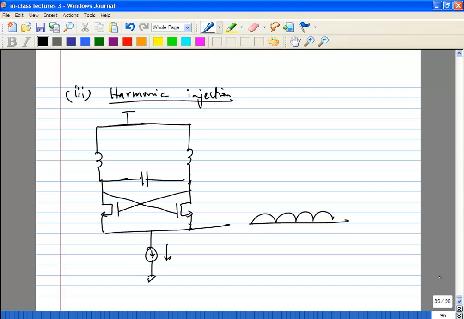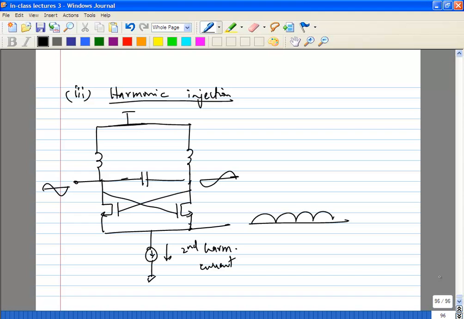at this node you are going to have some second harmonic component, and similarly you are going to have some second harmonic current. Now what you are going to do is exploit the second harmonics in the circuit to couple the two oscillators, because if you have an oscillator which has some signals at the output, you can show that the second harmonic has a particular phase relationship with the fundamental.